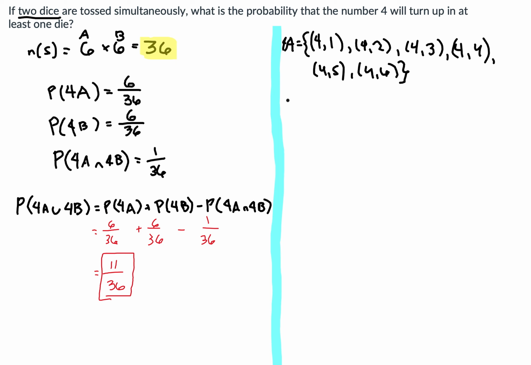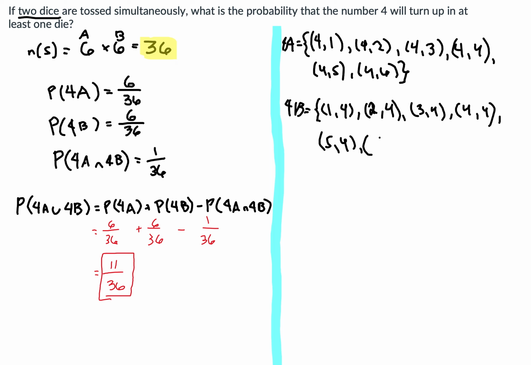Those are the elements in 4A. How about the elements in 4B? Let's take a look at them: 1,4; 2,4; 3,4; 4,4; 5,4; and 6,4.